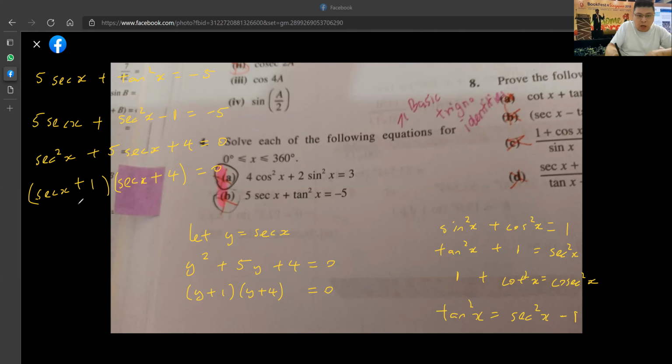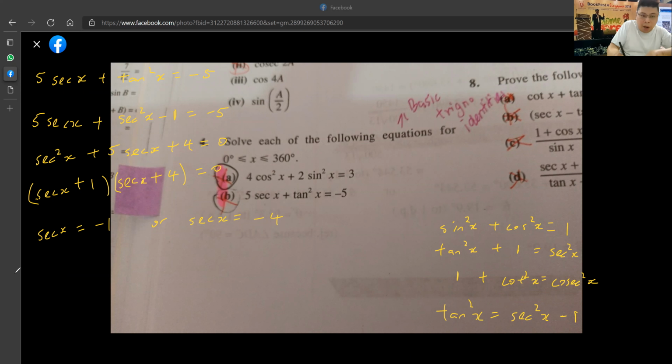Okay, so you end up with secant x plus 1 and secant x plus 4 is 0 because your y is your secant x. So your secant x will then be equal to -1, or secant x will then be equal to -4.